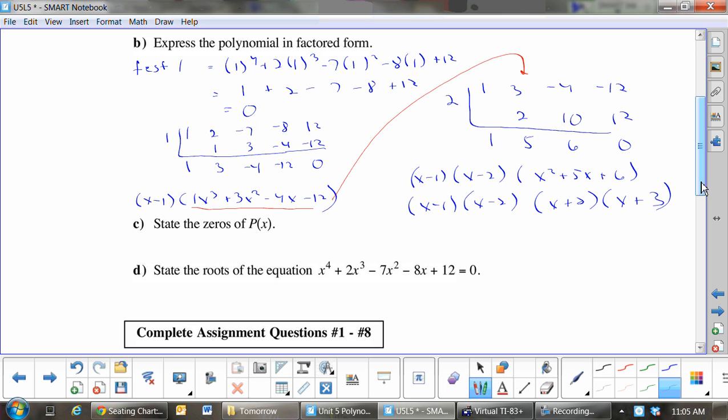What are the roots? 1, 2, negative 2, negative 3. So, just write that for us. The roots are 1, 2, negative 2, and negative 3. Okay? So, this is the factors.